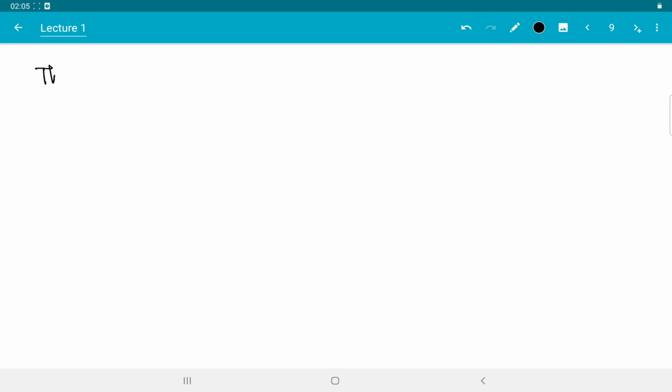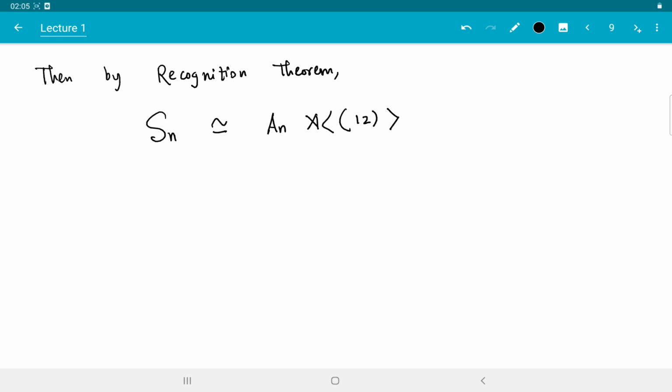Then by the recognition theorem, we have that Sn is isomorphic to An semi-direct product this subgroup with phi, for some phi from this subgroup to Aut(An), which is a group homomorphism.